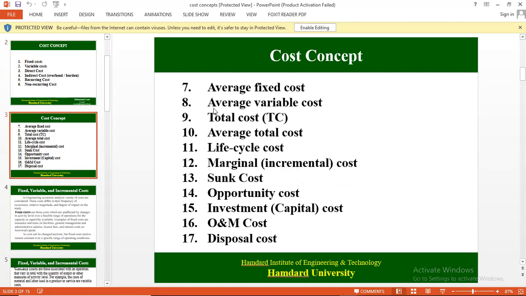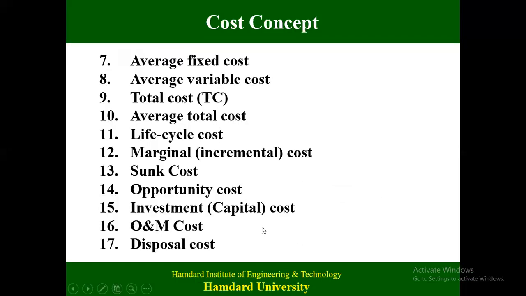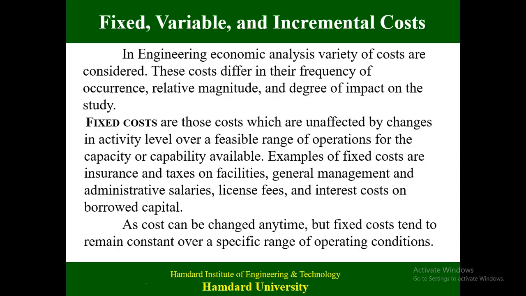Further, average cost, average variable cost, total cost, average total cost, life cycle cost, marginal incremental cost, sunk cost, opportunity cost, investment capital cost, and operational and maintenance cost, disposal cost are involved in the concept of cost.